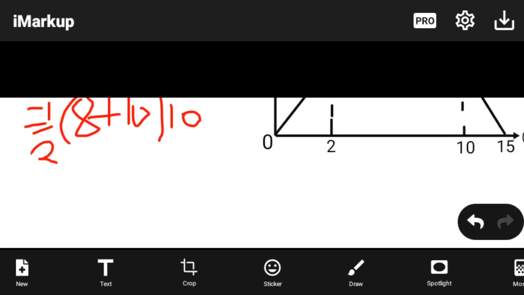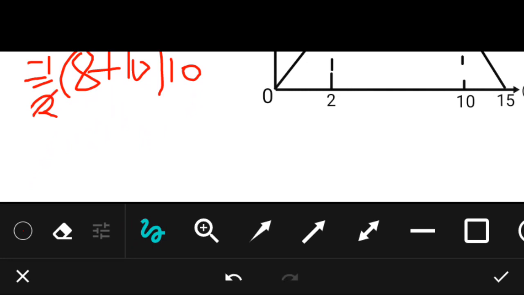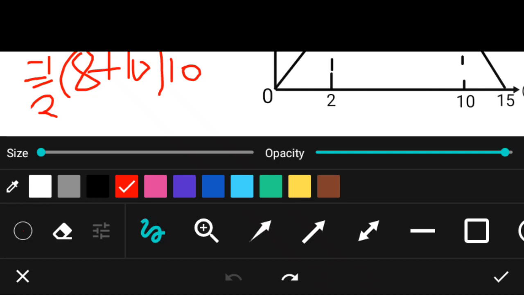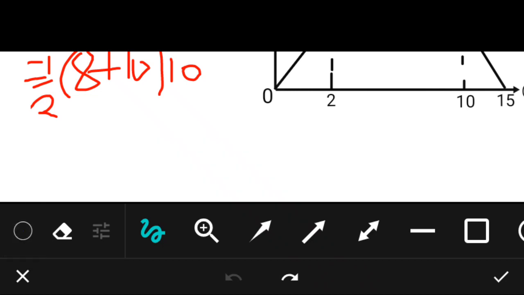So you divide now. You say 2 there. Let me just use a different color so that you see what is happening here. 2 there is 1, then 2 there is 5. Right? That's 5. So that is 5. Then you say now 8 plus 10, you get 18.